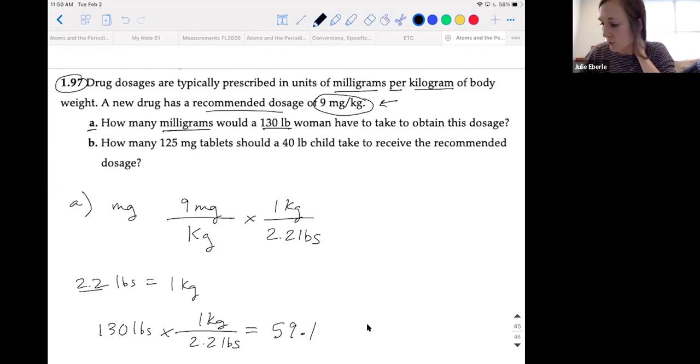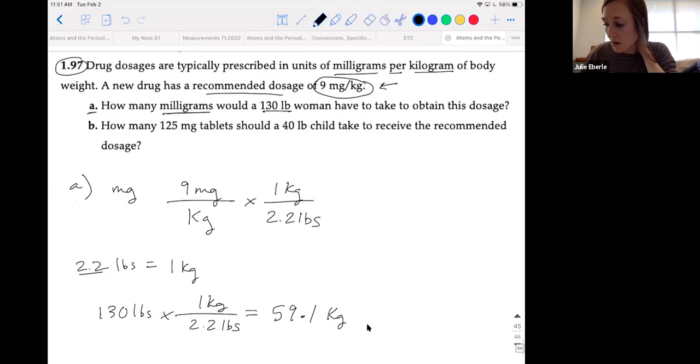We'll just say 59.1 kilograms, all right? So you can do this, and then you need to cancel kilograms and convert to milligrams. So then you could multiply by the dosage, all right, and cancel kilograms. So you write for every 1 kg, it's 9 milligrams. And then you would get the number of milligrams she needs for her weight.